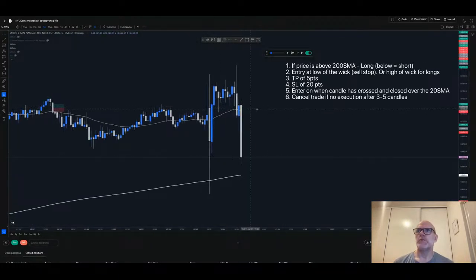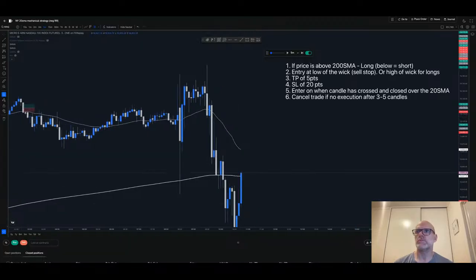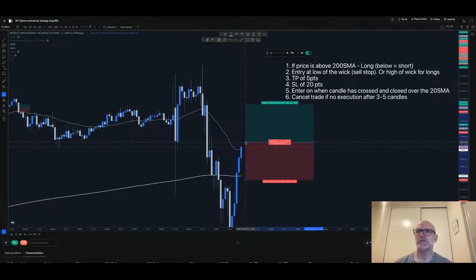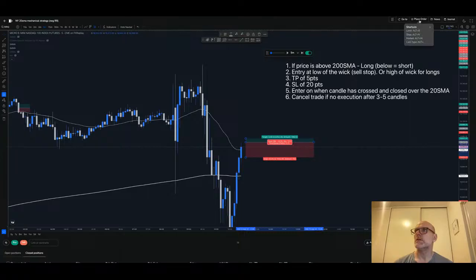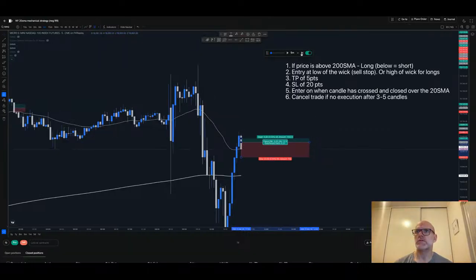So we've dropped below the 20, but we're still above the 200, so I'm looking for longs. There we go, break above. Although it's looking pretty bearish, to be honest, but let's see. So we're looking for a long order. That's a win. Let's see if the 20 wants to.